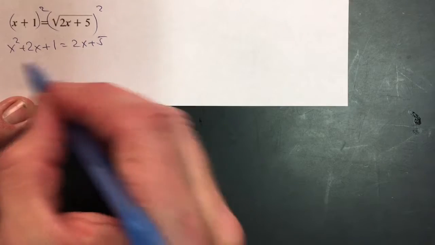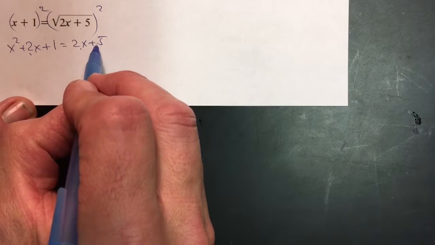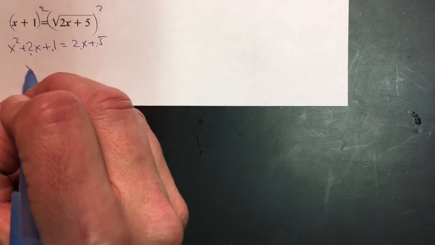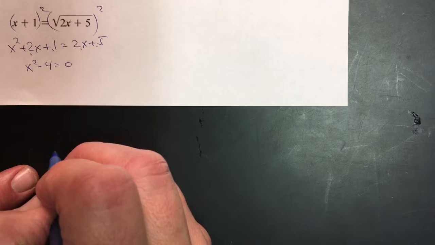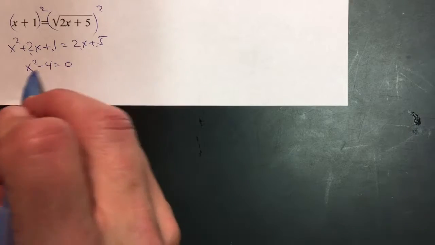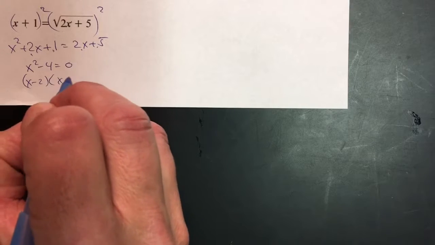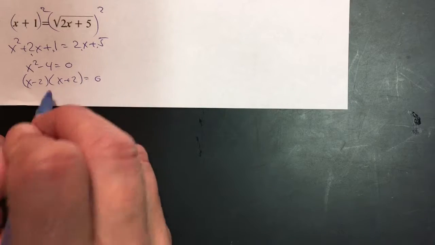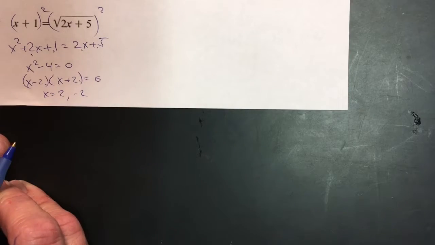Combine like terms, move everything to the other side. 2x cancels the 2x out. Subtract 5 from the 1, we have -4. So we have x squared minus 4 equals 0. And then, this is a difference of squares, so this becomes x minus 2, x plus 2 equals 0. And when you solve for these, you get x equals 2 and -2.